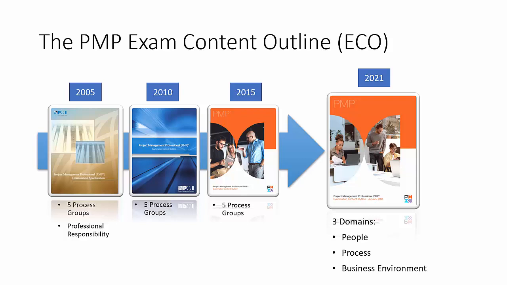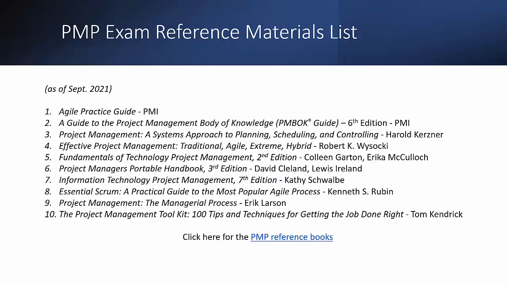In addition, there is a list of reference materials. So essentially, the topics that are outlined in the exam content outline have a certain content. That content, the content of the topics that can be addressed at the exam, is tackled in a series of books that you can find online.